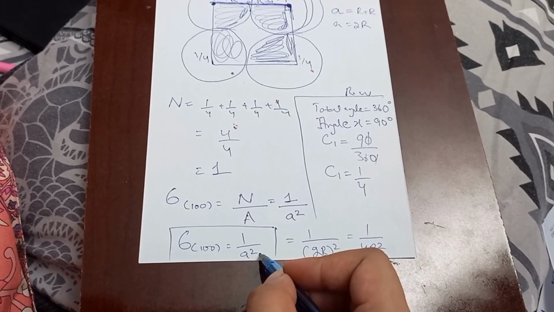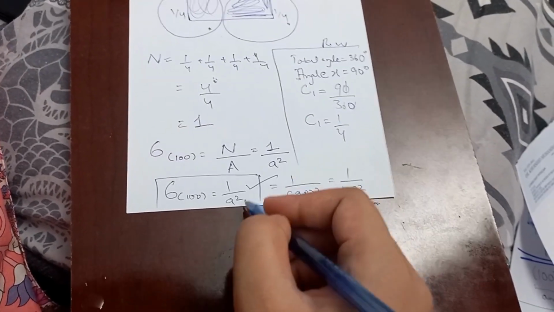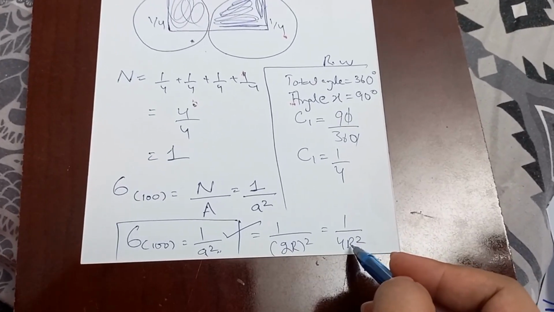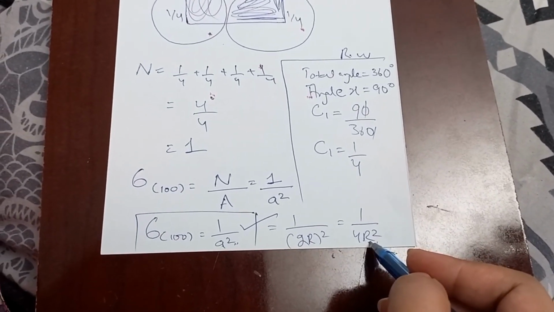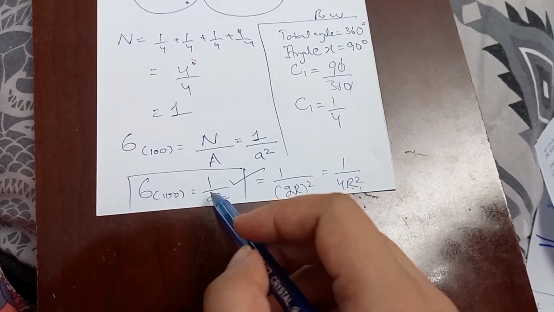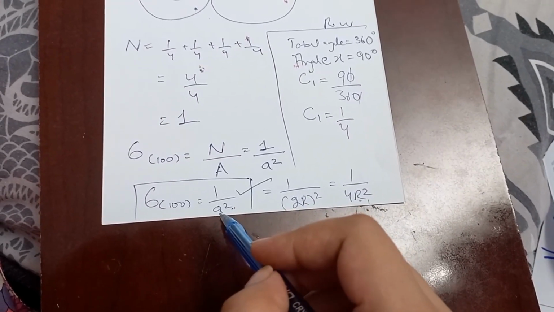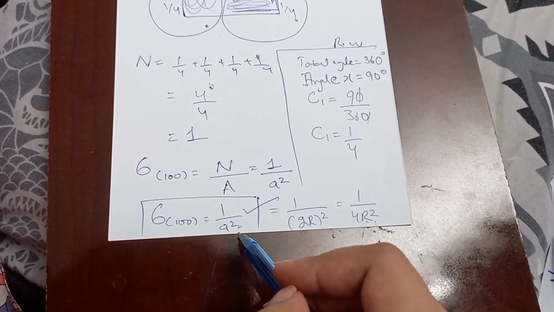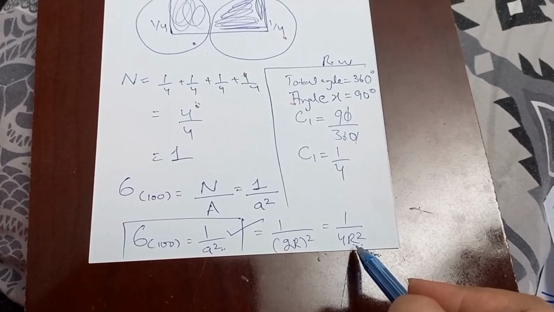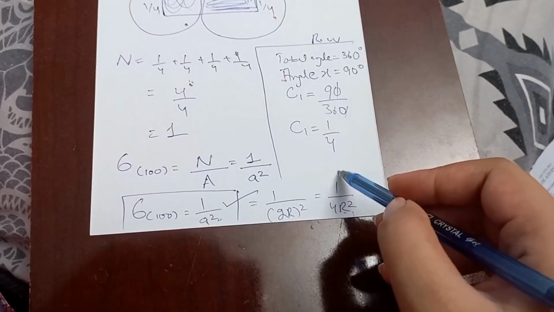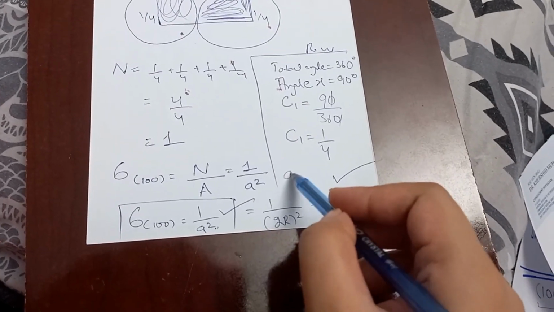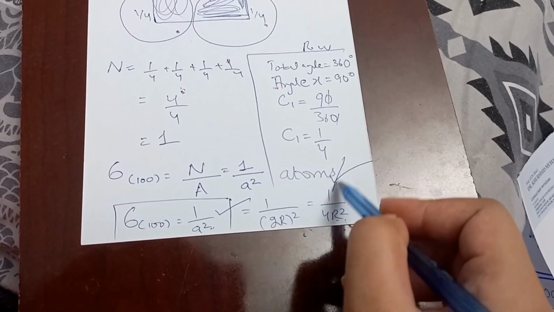This is the planar density in terms of lattice parameter, and this is the planar density in terms of atomic radius. Okay, so this is the planar density of 100 in terms of lattice parameter, and this is the planar density in terms of atomic radius.